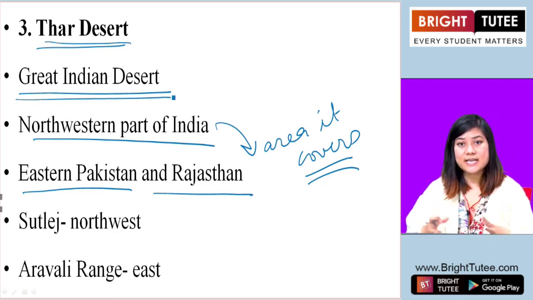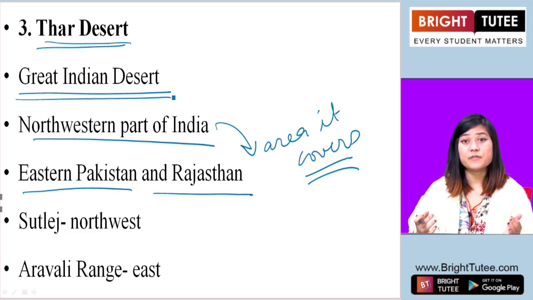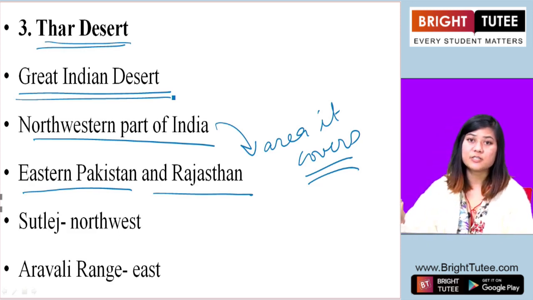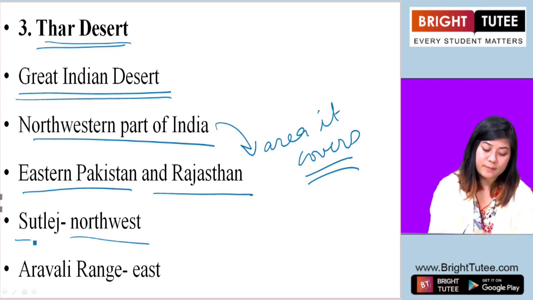Okay. Now the desert is also bounded, or limited, by certain rivers and certain ranges. Not mountain ranges, but ranges of hills. In the northwest, it is bounded by the Satluj River.